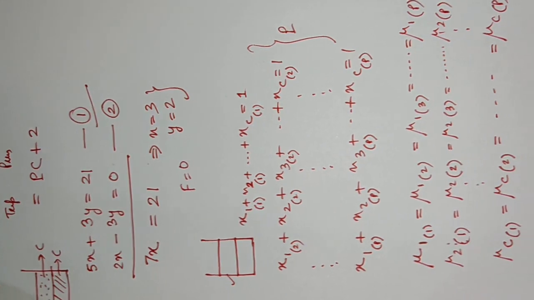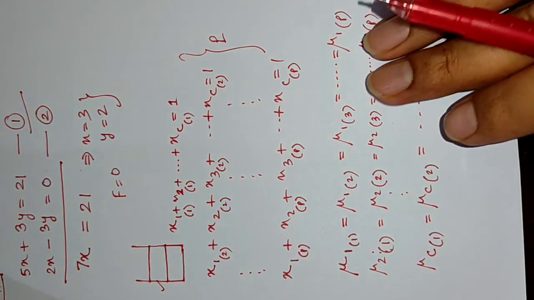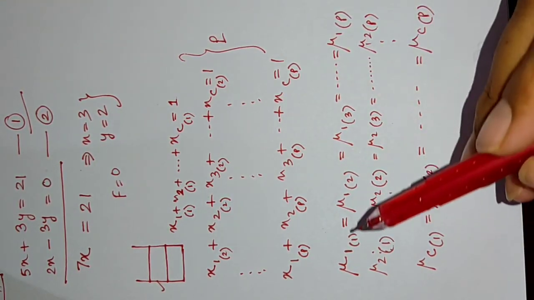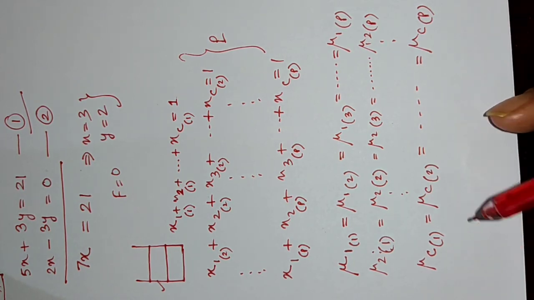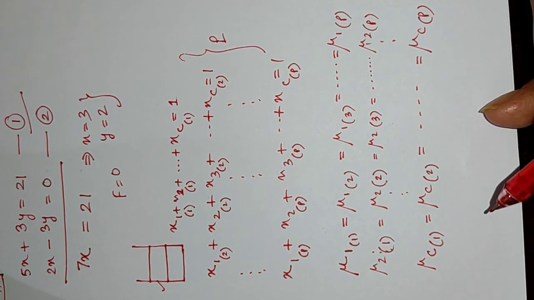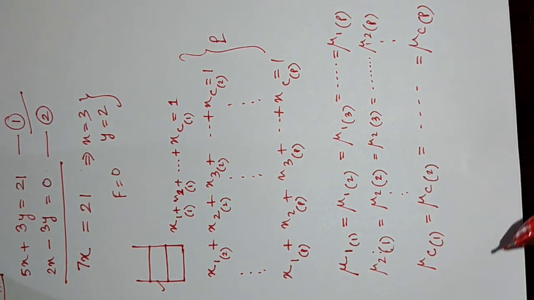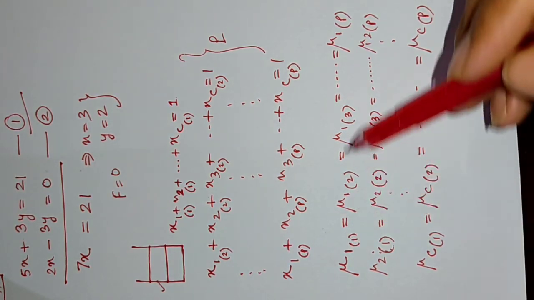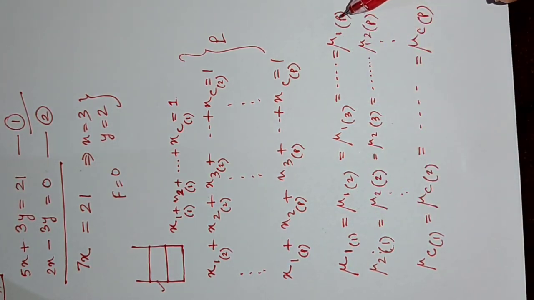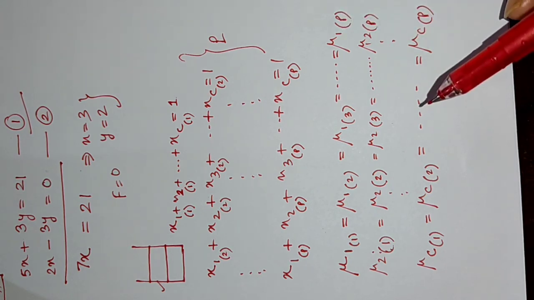So how many equations will this set give? If we have a equal to b equal to c, then we have two equations, a equal to b and b equal to c. If we have a equal to b equal to c equal to d, we have three equations: a equal to b, b equal to c and c equal to d. So in this case, it continues up to p, so it will give us p minus 1 equations.